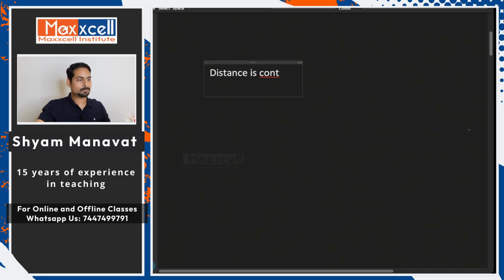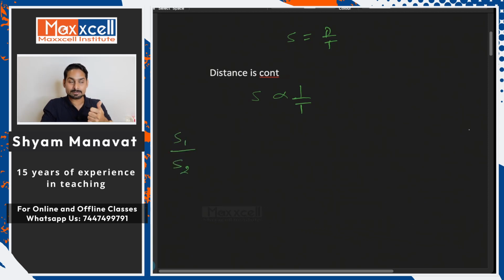When distance is constant, what is the formula of speed time distance? Speed equals distance upon time. Now when distance is constant, we say time is inversely proportional to speed. What does it mean? It means S1 upon S2, the speed of the first person divided by the speed of the second person, equals T2 upon T1, the time taken by the second person divided by the time taken by the first person. You can see it is inverse: S2 is in the denominator and T2 is in the numerator.